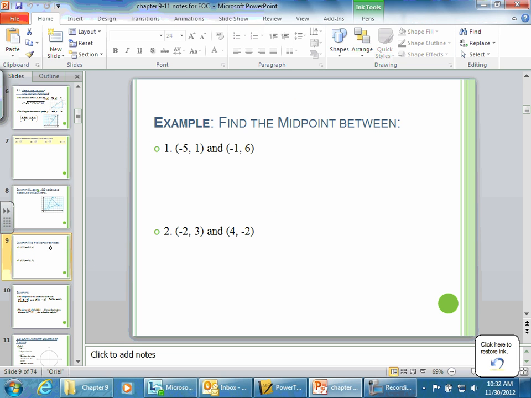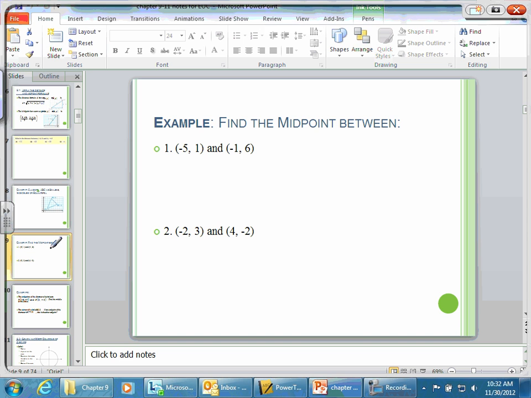Midpoint. So find the midpoint between these two sets of coordinates. So remember, midpoint is just the average. To average, I add the x's, divide by 2, add the y's, divide by 2. Reduce that.